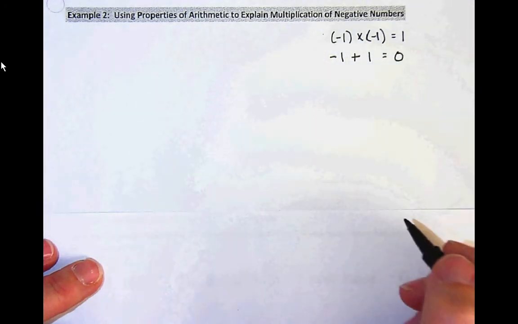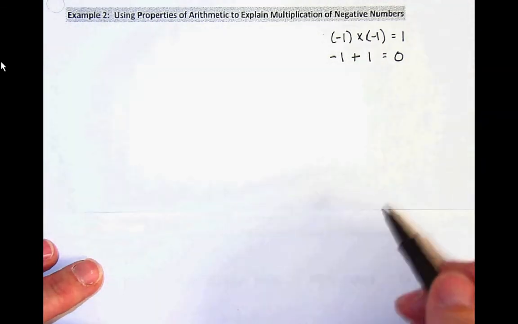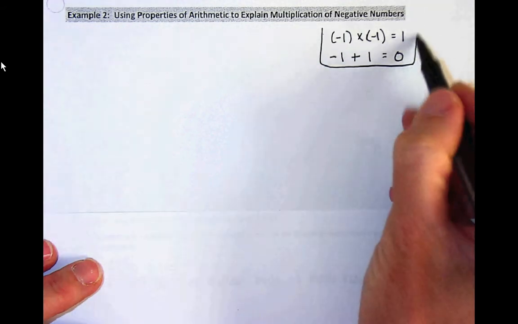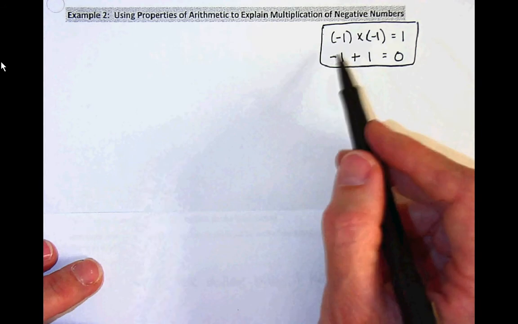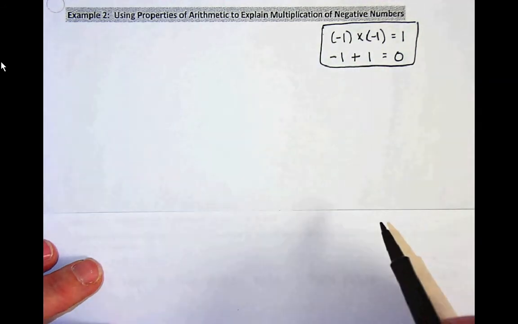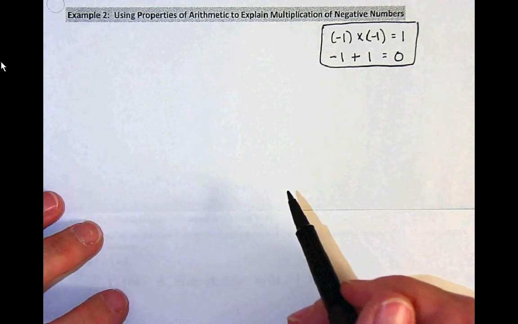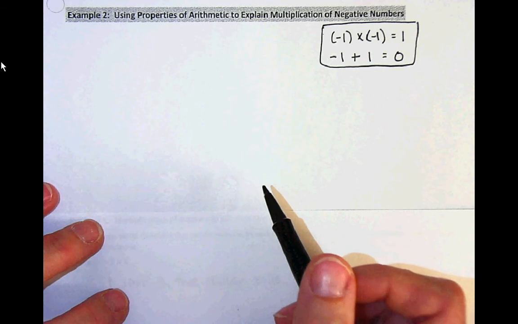Or we could say 1 plus a negative 1, it doesn't matter. These two things we've discussed are going to come in handy when we prove that negative 1 times negative 1 is positive 1.